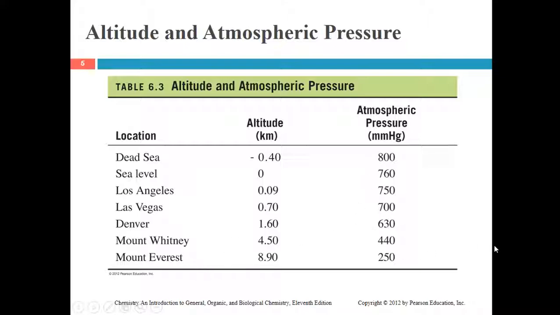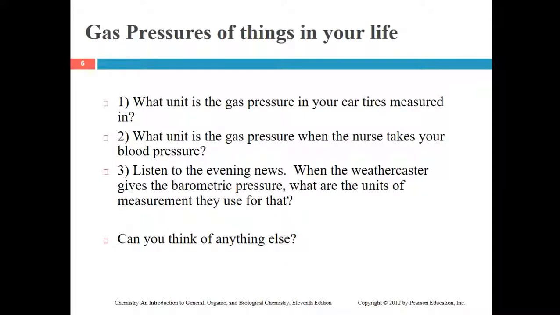If you go up to Flagstaff, around 7,000 feet, it's definitely going to be less than 630 millimeters mercury. You may go, well, what does that have to do with anything? Well, it has to do with a lot of things besides you just trying to breathe when you're jogging down the street.